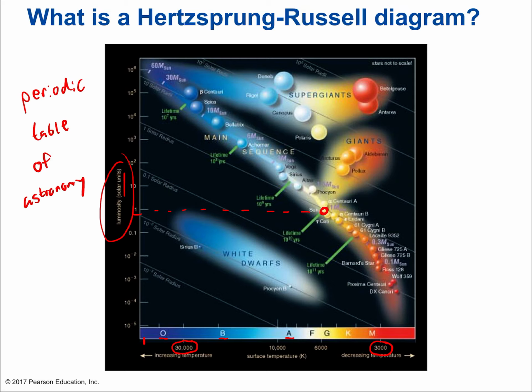I know that's weird, but that's because when they were originally being classified, they didn't know what the temperatures were, and they just ordered them from blue to red. Now we know, if Annie Jump Cannon had known, I'm sure she would have ordered them differently. But they didn't. They had no way of knowing what the temperatures were at that time. So anyway, we've got higher temperatures on the left, lower temperatures on the right, but the horizontal axis is temperature. And then there's other things you can take from the graph.